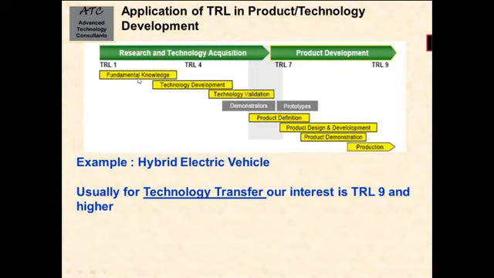The terminology is very similar: fundamental knowledge, technology development, very similar to what we discussed, and technology validation. Here there are going to be demonstrators or prototypes, product definition, product design and development, product demonstration, and production. Now, generally, when we discuss technology transfer, our interest is at TRL level of 9 and beyond.